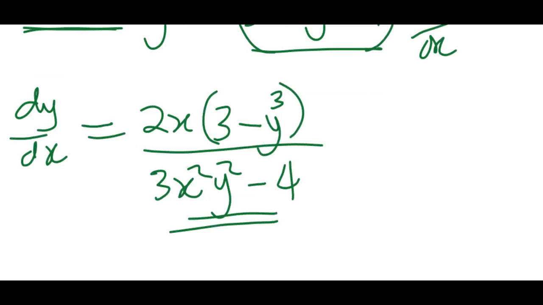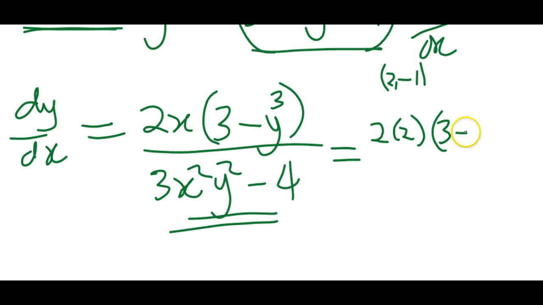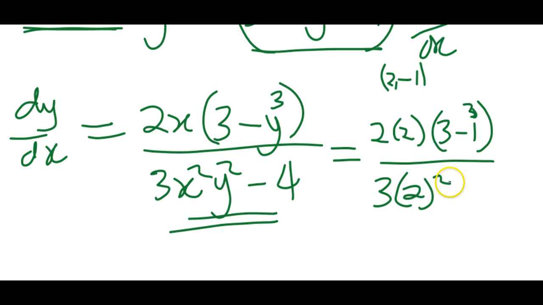Next question. Well, sorry, we shouldn't forget that the question gave us the point (2, -1). It means we have to substitute that into the final answer before we generalize our result. If I put 2 in place of x and -1 in place of y, this will give me 2 into bracket 3 minus (-1) to the power 3, all divided by 3 into bracket 2 squared, then (-1) squared, minus 4.